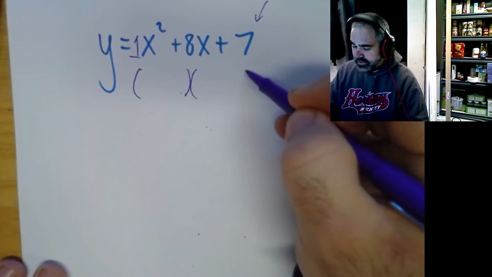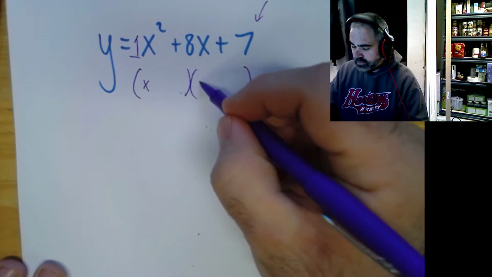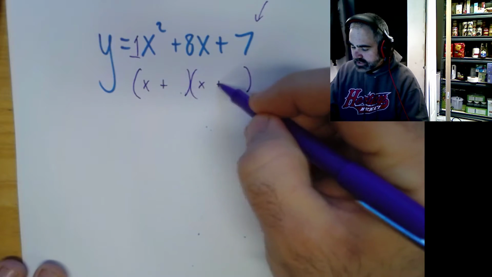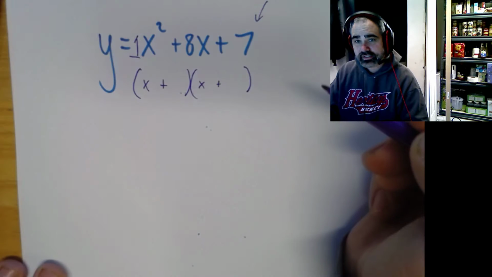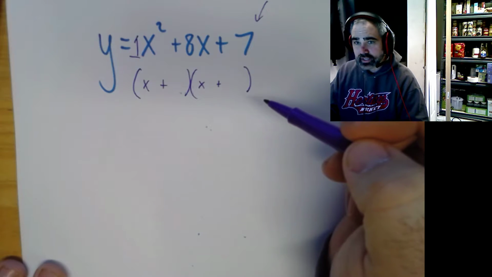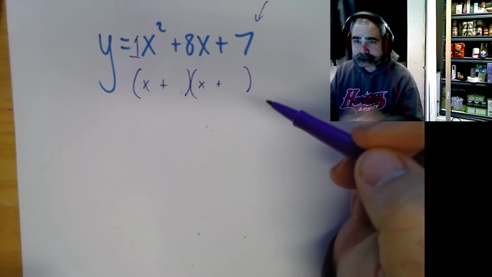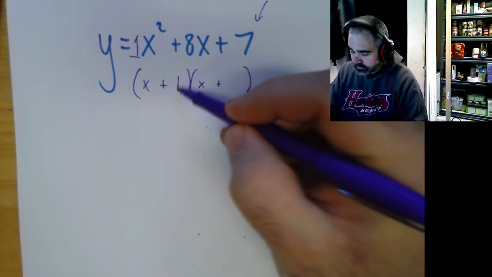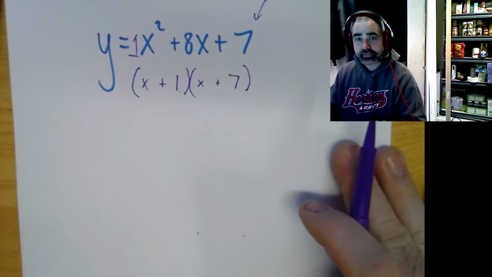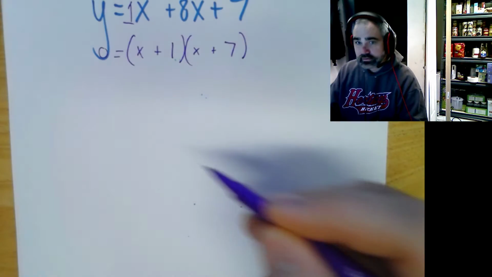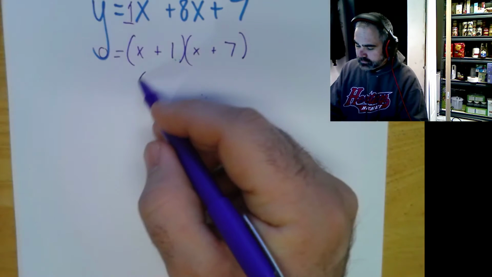Again, this is an easier version, looking for two things that multiply to be 7 and add to be 8. Everything's positive, so I know they're both pluses. And by the way, you can hit pause and try this on your own if you want to. I'm going to give you a shortcut at the end. 1 and 7. Okay, so I can then set this equal to 0 to find the x-intercepts.